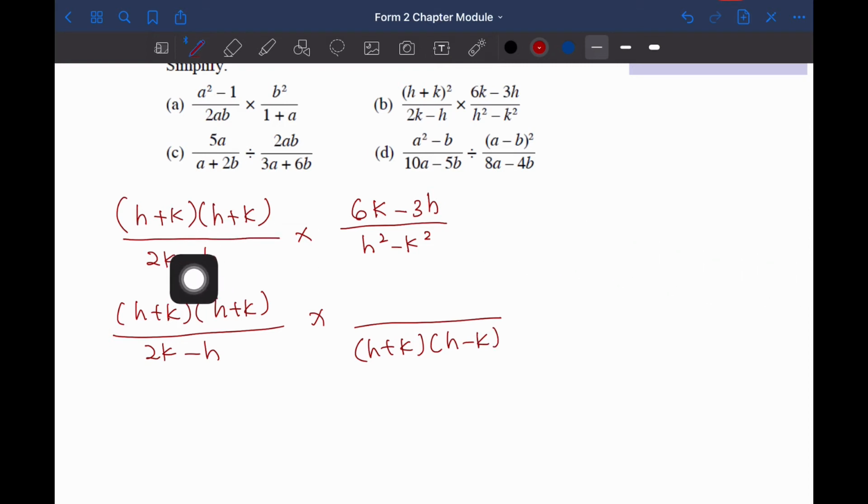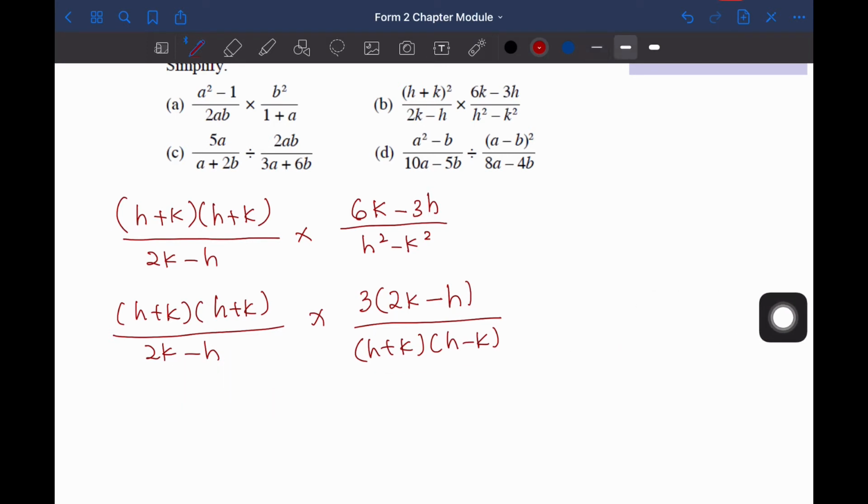Okay, sekarang tengok ini pula. Bawah ni dengan atas ni KH ada, KH ada. Ini kecil, ini besar. Okay, boleh tak yang besar saya kecilkan? Apa nombor yang boleh kita faktorkan? Tengok 6 and 3 both ni adalah sifir 3 kan. So saya boleh keluarkan 3. So I factorize out 3. So 6 bahagi 3 dapat 2K tolak 3 bahagi 3 dapat H. Tengok dah sama. 2K tolak H, 2K tolak H. Kalau dah sama apa kita boleh buat?